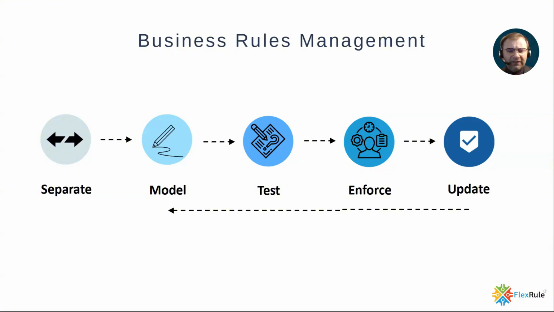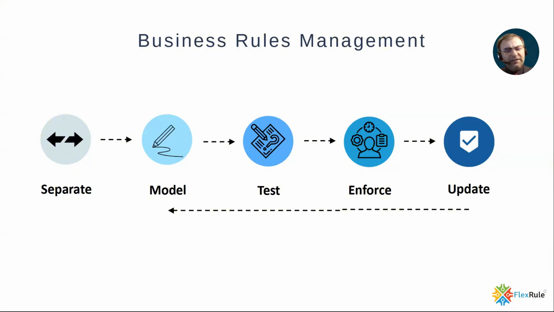Then we do the testing. We test the rules in live scenarios to validate outcomes and ensure they function correctly. Enforcement. To enforce them, we integrate the rules into the processes and applications, ensuring they work within the workflows, for example, in loan origination or fraud detection.